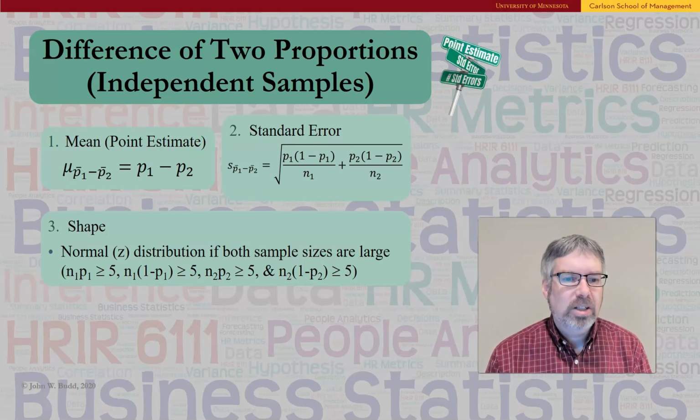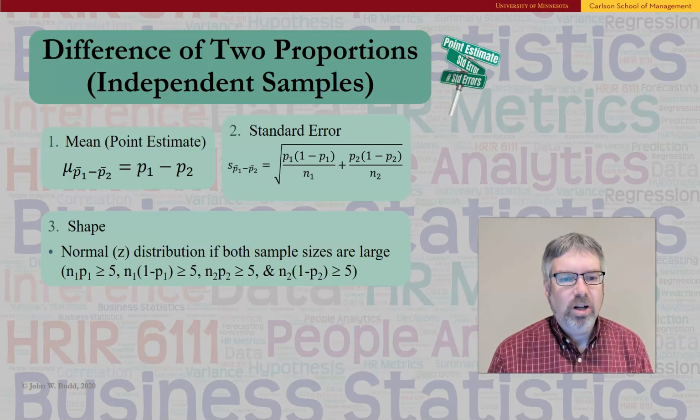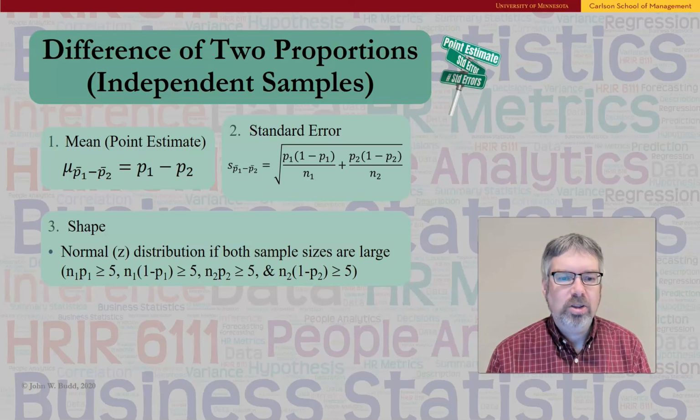It's the same idea for the difference of two sample proportions, which has a normal distribution as long as both samples are large enough, which means the number of yes and no observations in all 4 cases, yes and no in the first sample, yes and no in the second sample, are all at least 5. And then P bar 1 minus P bar 2 has a normal distribution.